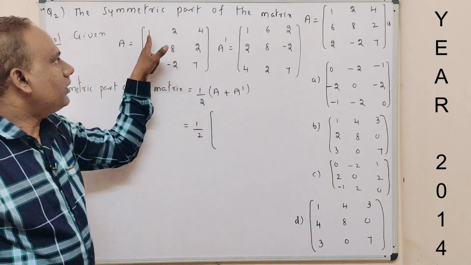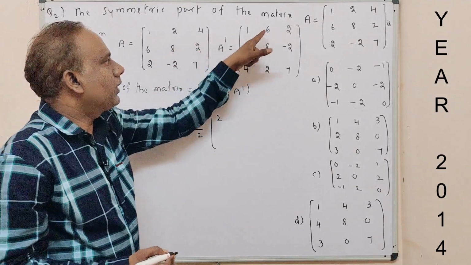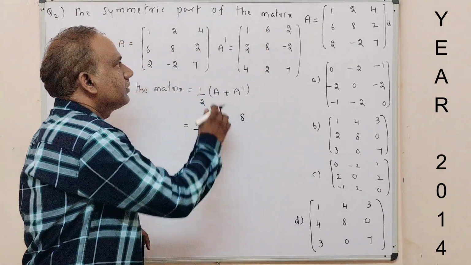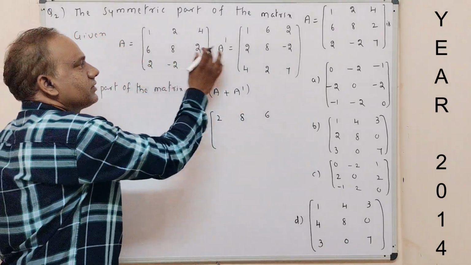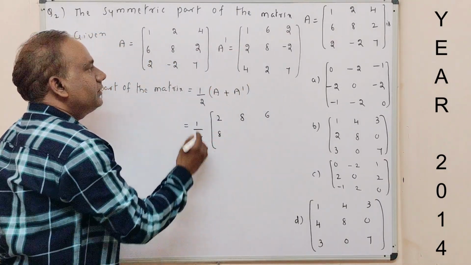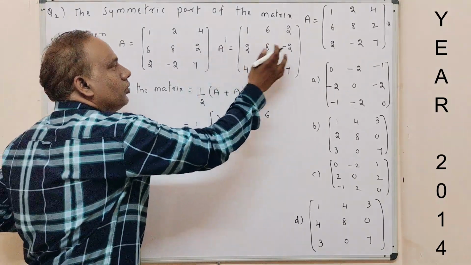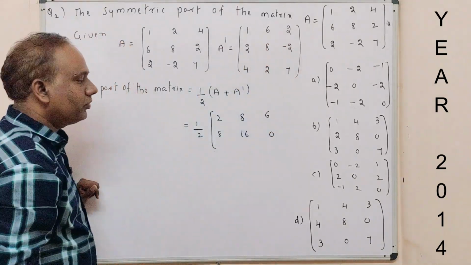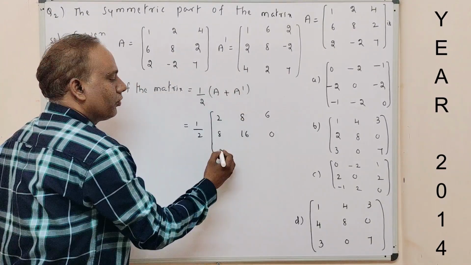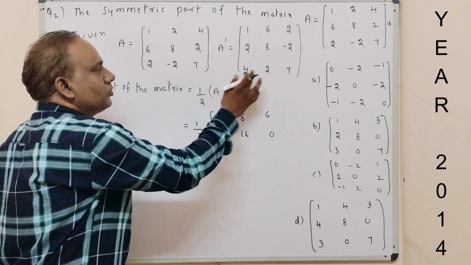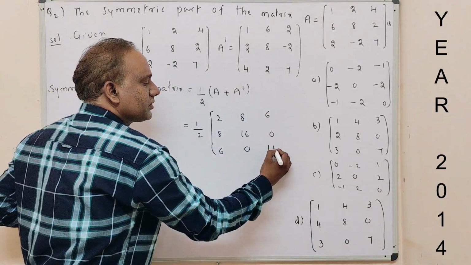Here 1 plus 1 is 2, 2 plus 6 is 8, 4 plus 2 is 6, 6 plus 2 is 8, 8 plus 8 is 16, 2 minus 2 is 0. Next, 2 plus 4 is 6, minus 2 plus 2 is 0, 7 plus 7 is 14.